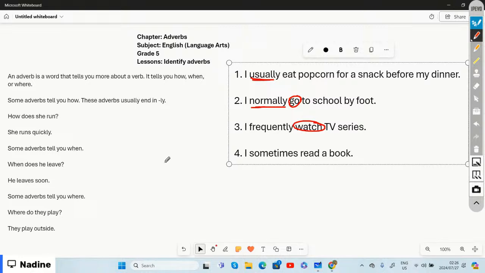So we can say frequently is our adverb and it tells us how often we watch TV series.